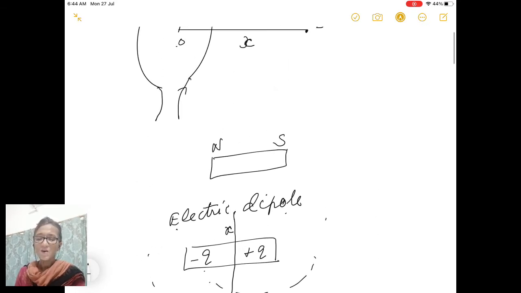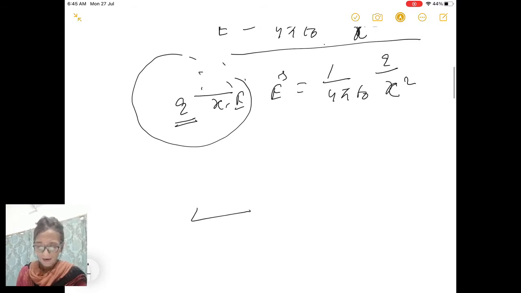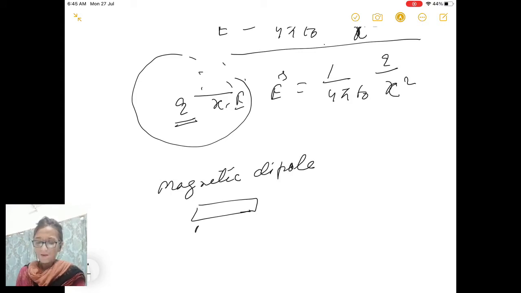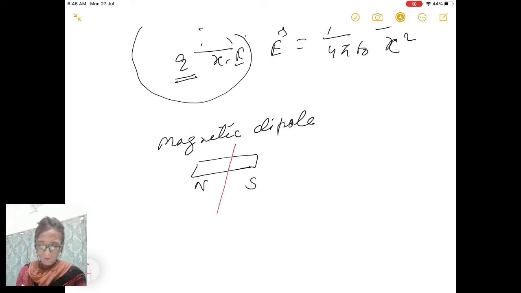But in case of a magnetic dipole, here I am taking a magnetic dipole with a north pole and a south pole. When you cut this dipole in two parts, we get two separate magnets, each with a north pole and a south pole.